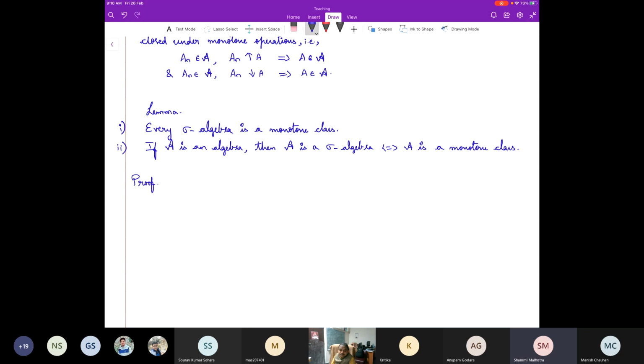Maybe we can define a sequence like A1, then A1 union A2, then A1 union A2 union A3.